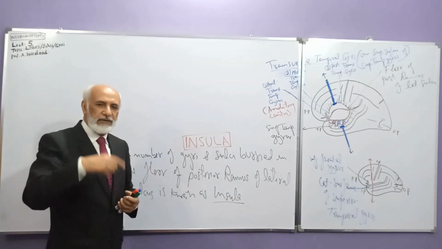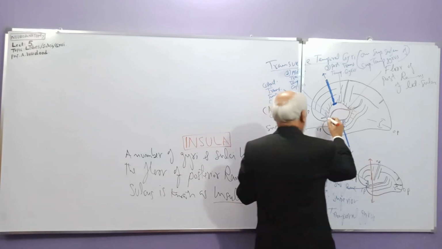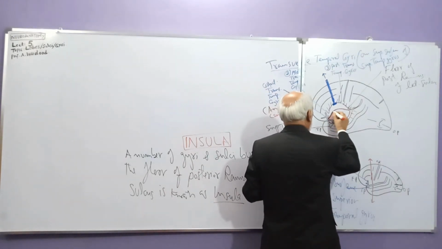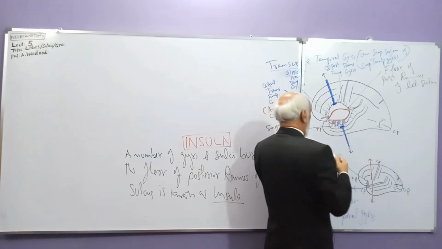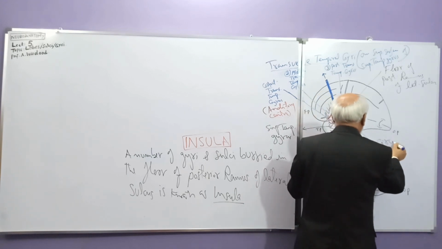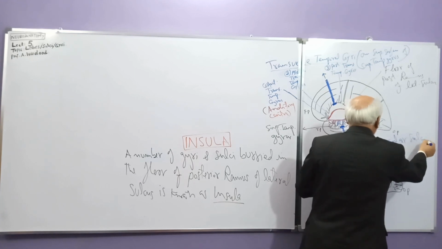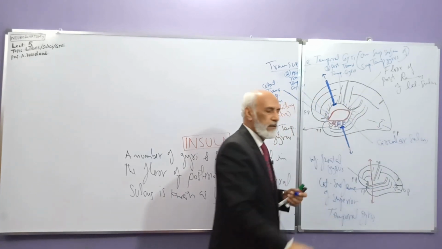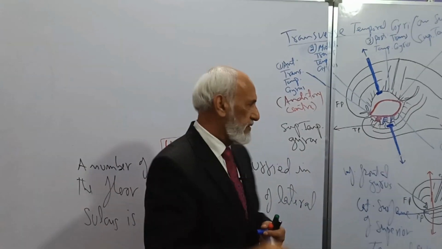Now the insula again has certain sulci and gyri. Now suppose this is a sulcus known as the circular sulcus. This is the circular sulcus, which surrounds the insula in the floor of the posterior ramus of the lateral sulcus.